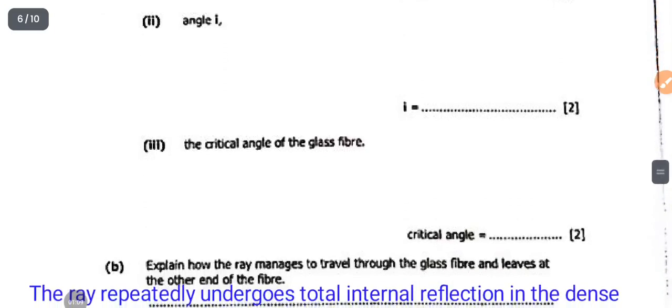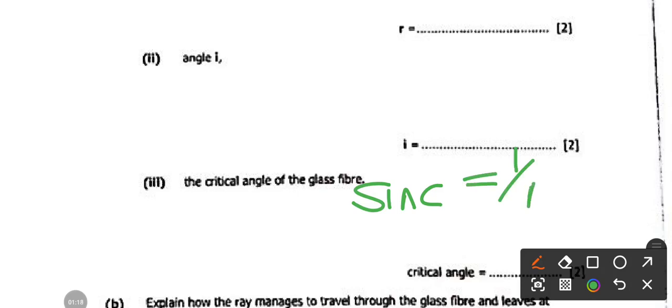Then question A3, the critical angle of the glass fiber. Remember this formula that relates critical angle: the sine of the critical angle is equal to 1 over the refractive index.